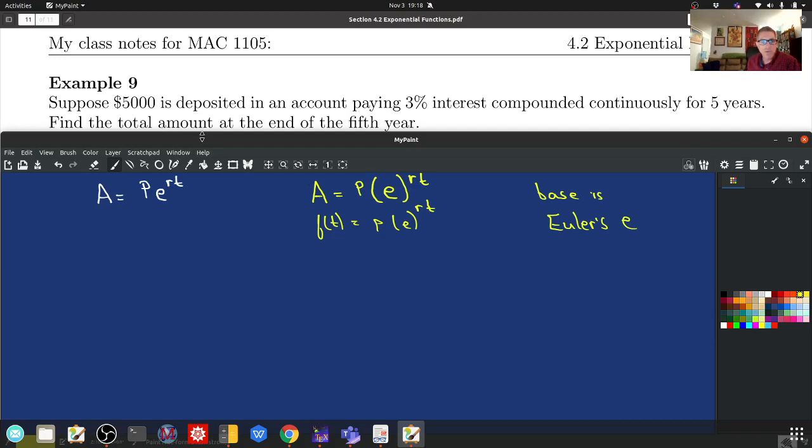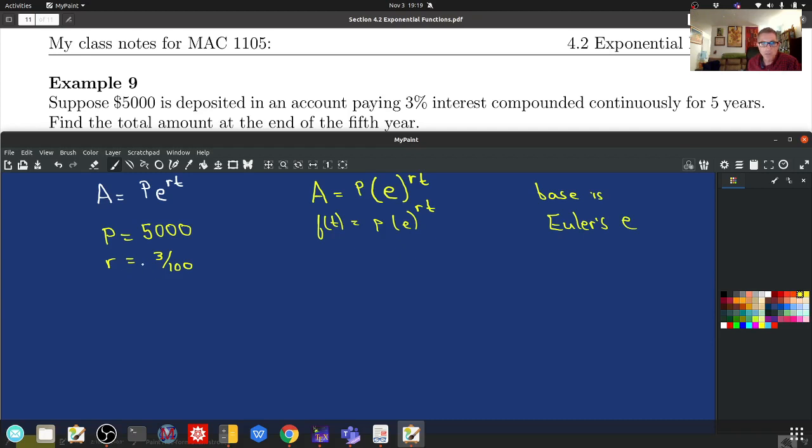So suppose $5,000 is deposited in an account. So my principal is, I said 500, I meant to say 5,000. My rate is 3 divided by 100. We always have to convert a percentage into a number.